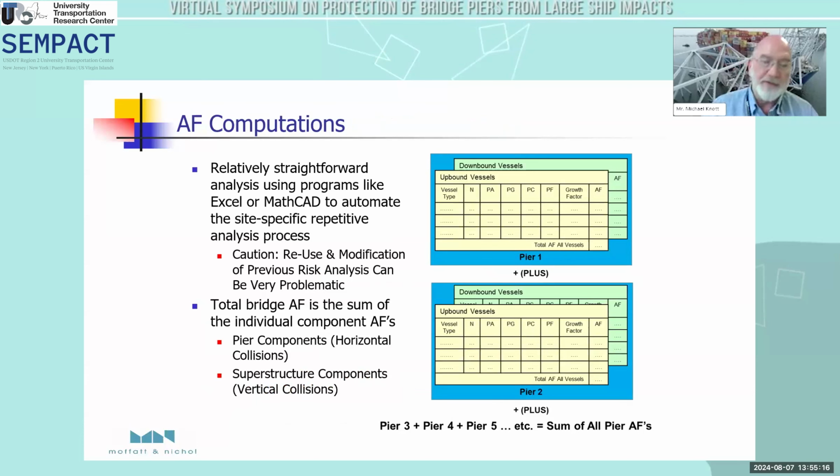And for each of these tabs, we have the vessel types, and then we estimate these factors for each of the vessel classifications, come up with an annual frequency, sum it up, then we do that for each bridge pier. This analysis also can be done for a bridge superstructure. It becomes much more complicated. The number of tabs in the spreadsheet can go from hundreds to thousands, but the process remains the same.